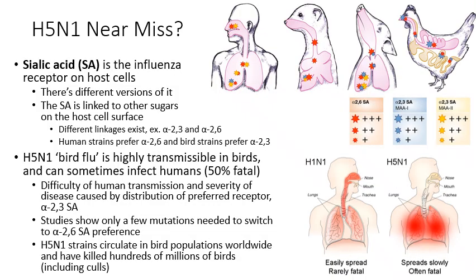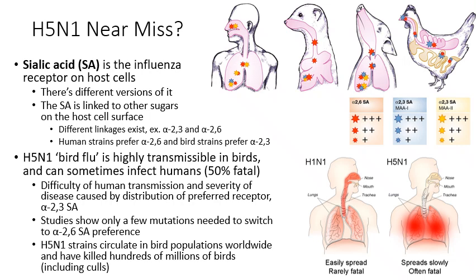So earlier I said that the H1N1 flu strain can be transmitted really easily from person to person, but it usually doesn't cause a serious infection. The H5N1 strain is hard to transmit, but does cause serious infections and has a really high death rate because of that. The difference in those strains is what receptor they use.